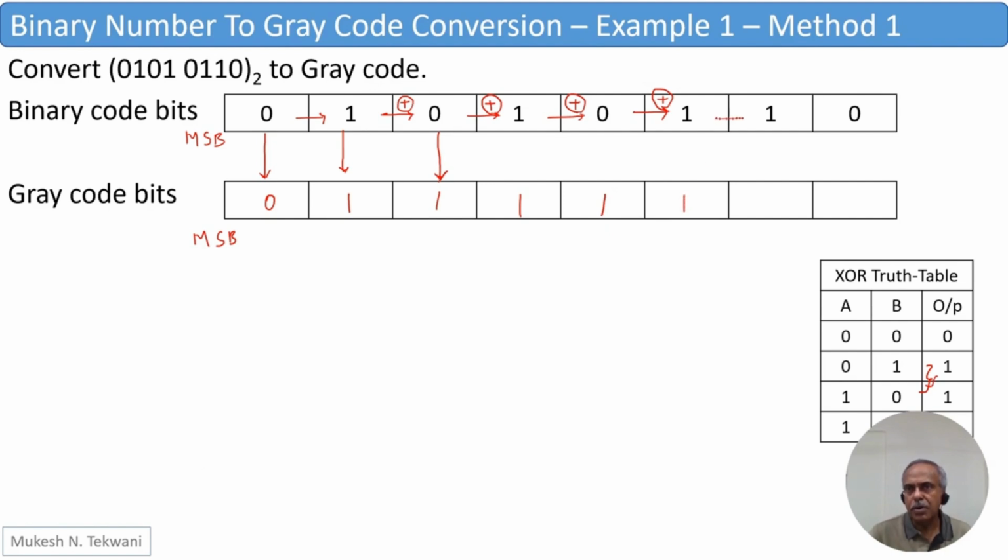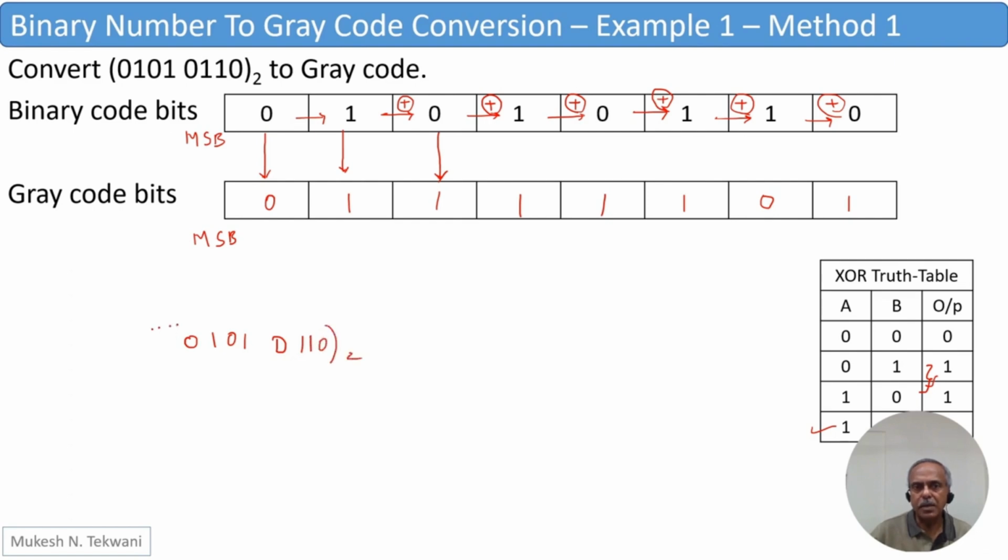And now observe here, 1 XOR with 1. This XOR operation, when we carry out 1 XOR 1, here is our row from the XOR table. 1 XOR 1 gives us 0, and 1 XOR with 0 gives us 1, and therefore our result becomes 0 1 0 1 0 1 1 0.